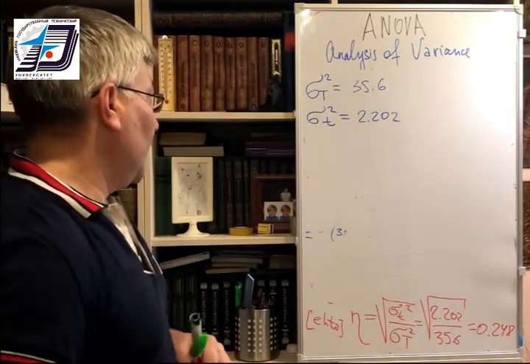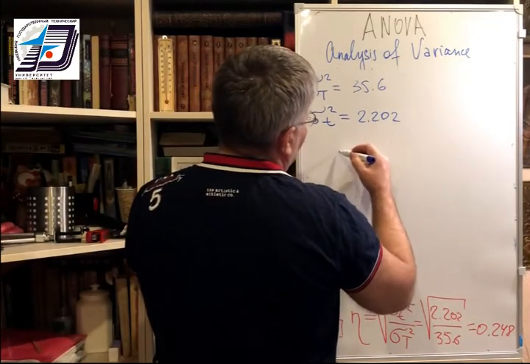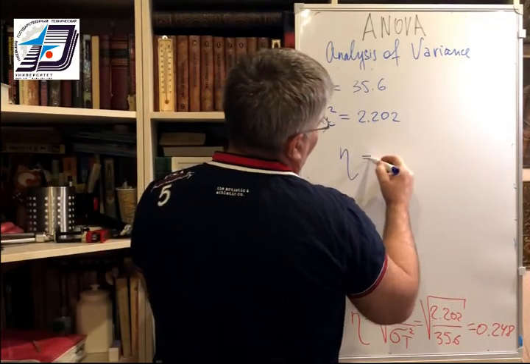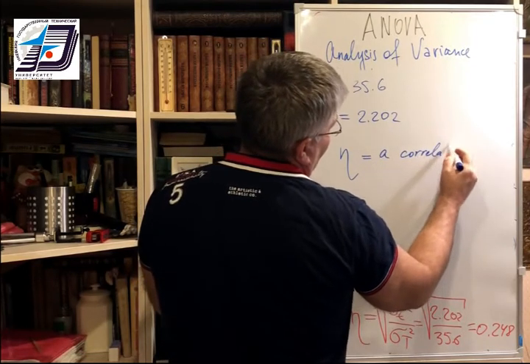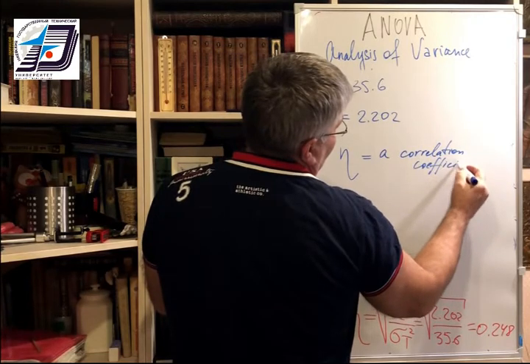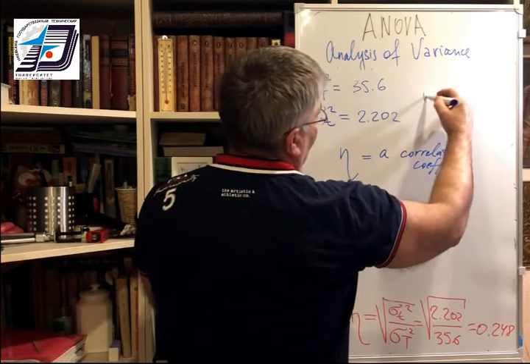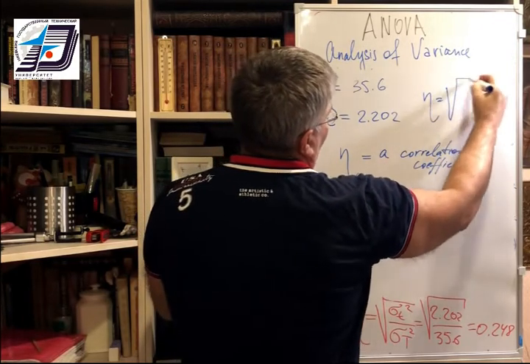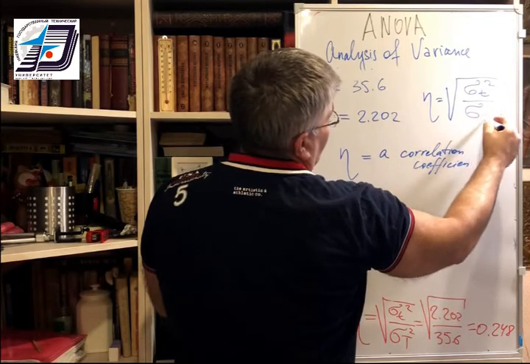Okay, and now we have the correlation coefficient, which is calculated as the square root of the treatment variance over the total variance.